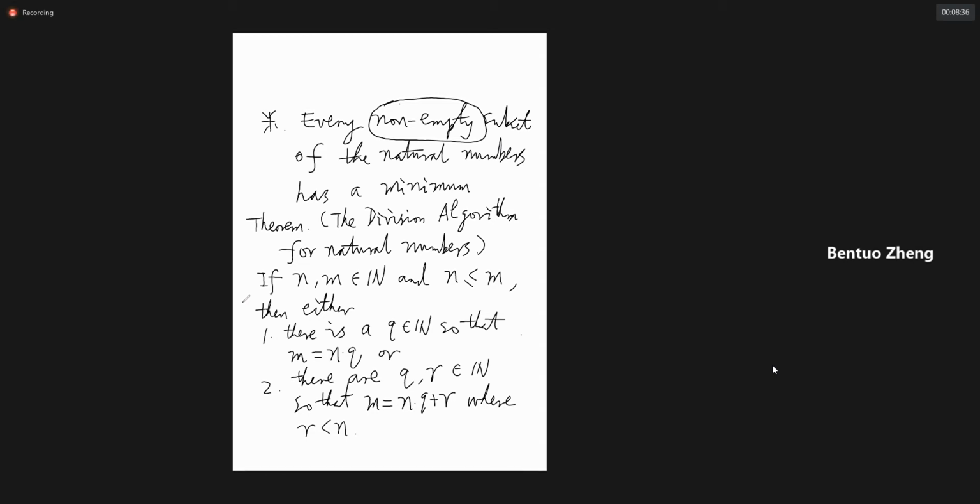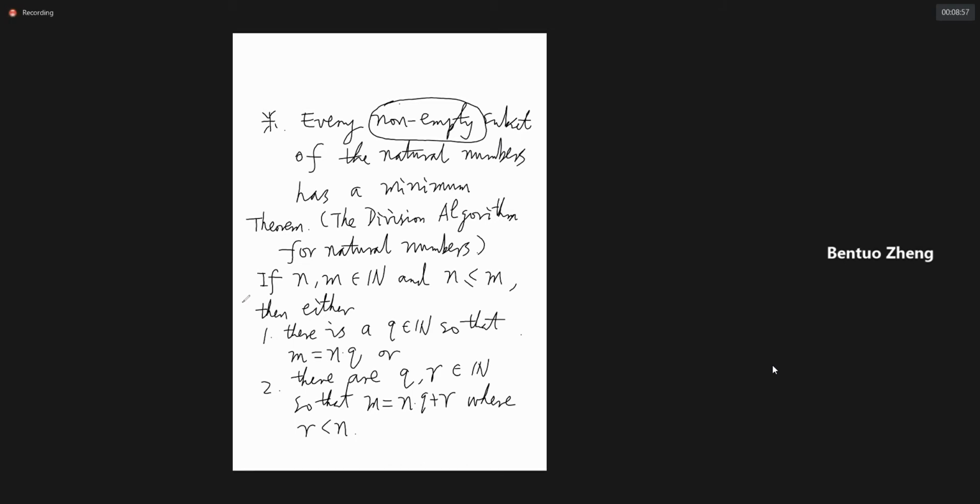Okay, so roughly speaking, this theorem tells us if you have two natural numbers, one less than or equal to the other, then you can always use the smaller one to divide the larger one.